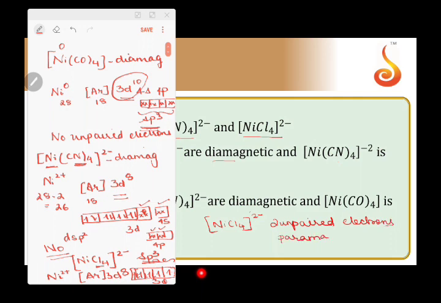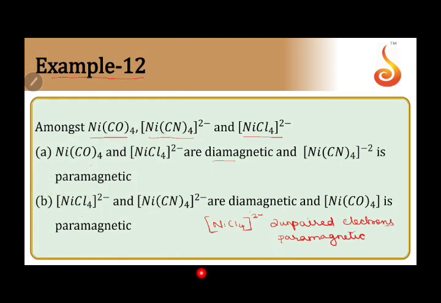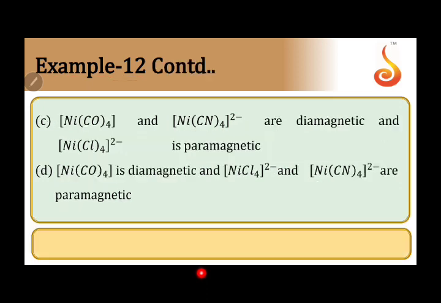Considering now this question, this option is wrong because [NiCl4]2- is not diamagnetic, it's paramagnetic. Once again this is also wrong. So here we can see that option C is correct.